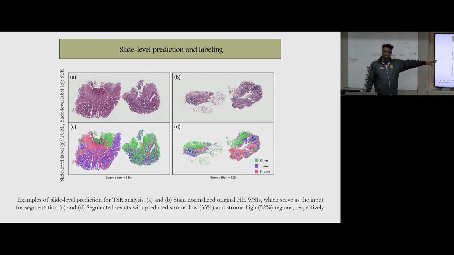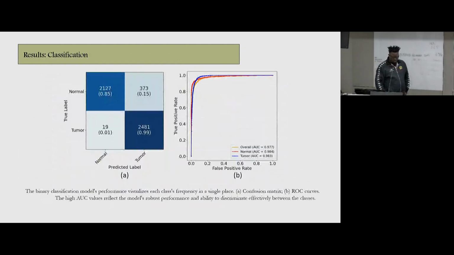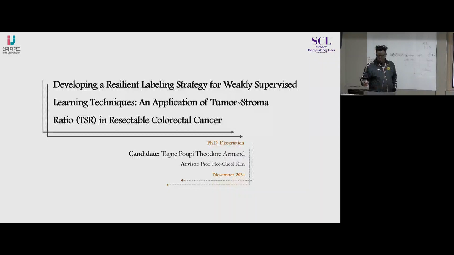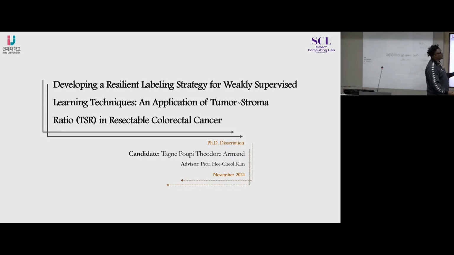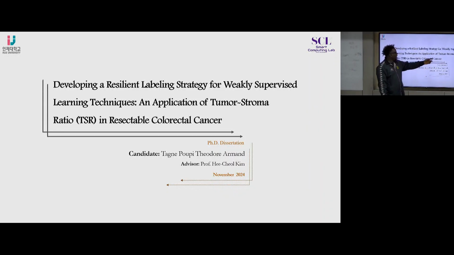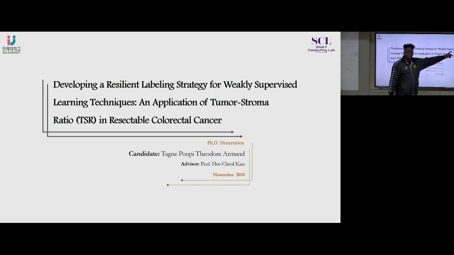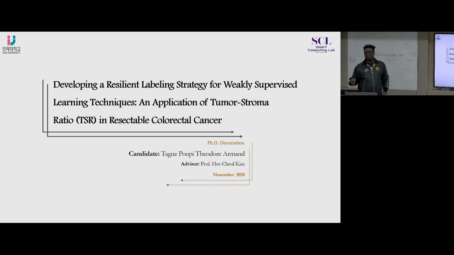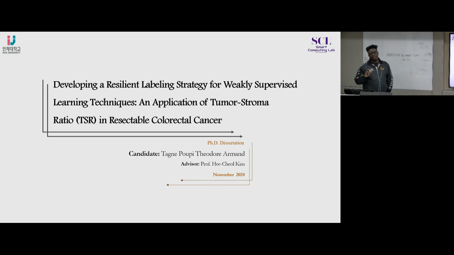This is what I try to work on. How do we call it? Because we don't have full supervision of the labels, we call it weakly supervised learning. Weakly supervised means that there is already some kind of ambiguity in the labels.